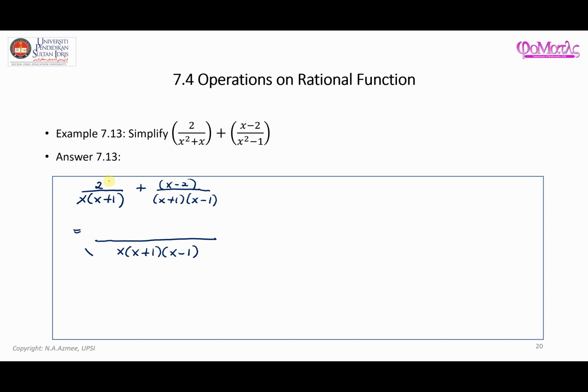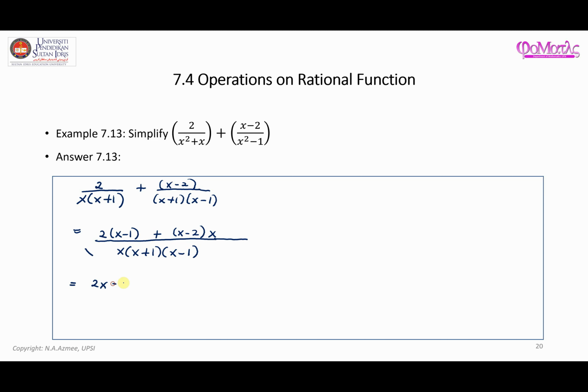Therefore on the top part you will have 2 multiplied with x minus 1, plus x minus 2 multiplied with x. Next you can simplify the numerator. The denominator is already simplified, so now let's simplify the numerator part.